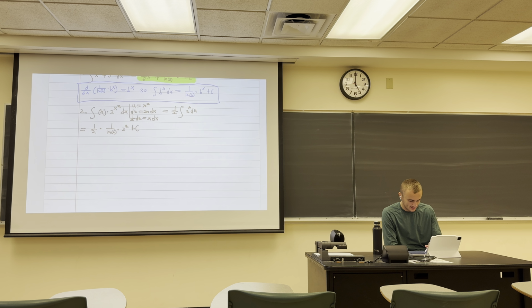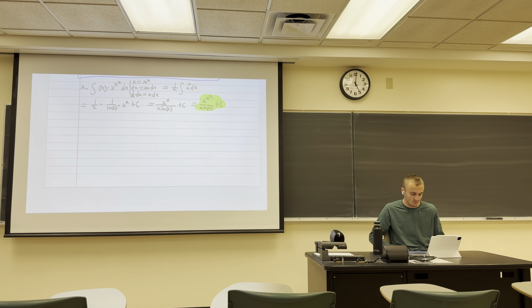And then we can simplify this down, combining the terms of the denominator, so we have 2 to the u over 2 ln of 2 plus c, and then we know u equals x squared, so we have 2 to the x squared over 2 ln of 2 plus c, and that's our final answer.